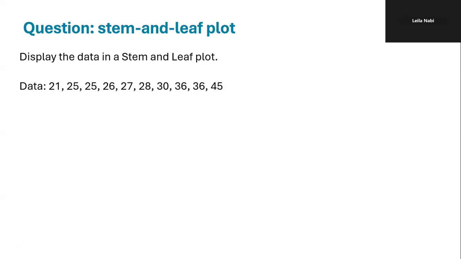For example, we want to display this data in a stem and leaf plot. As I said, a stem and leaf plot has two columns, one for stem, one for leaf. The last digit of any number is for the leaf.